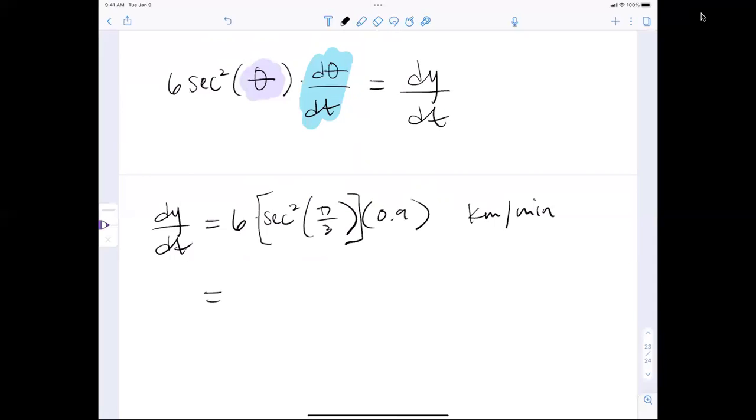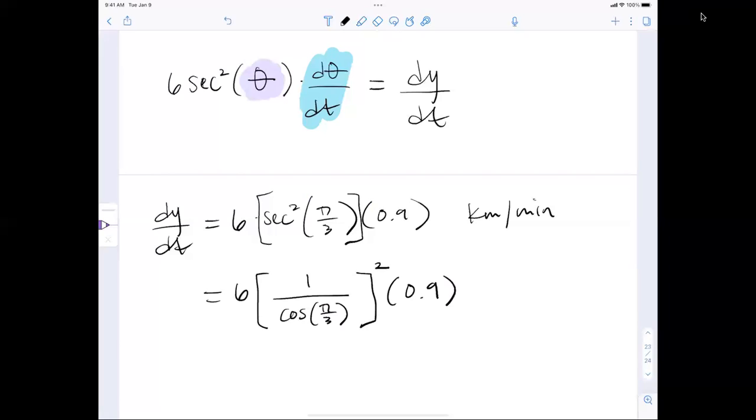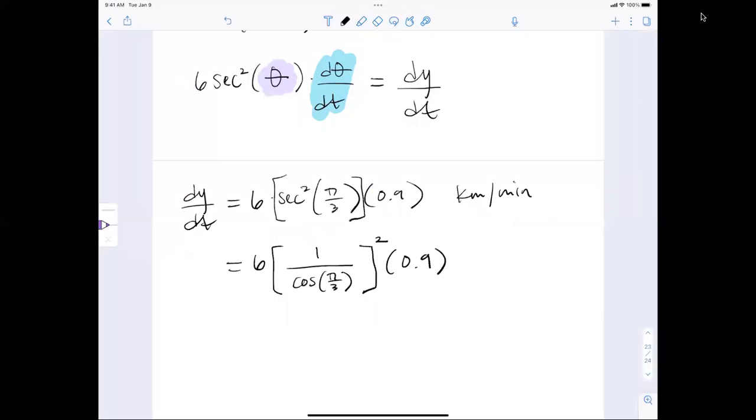So if you wanted to type this into your calculator, the way that you would do that is by pulling that exponent outside of the grouping symbols and rewriting the secant of pi over 3 as 1 over cosine of pi over 3. And you would also want to make sure that your calculator is in radians.